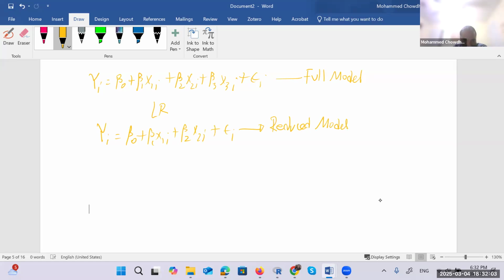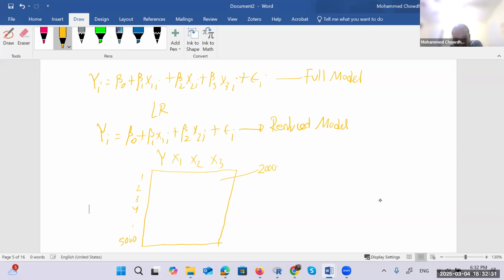What I'm doing, suppose this is our data. This is my y, this is my x1, this is my x2, this is my x3, and these are my rows 1, 2, 3, 4 up to 5,000 rows. From this 5,000, I will take a sample of size, suppose, 2,000.